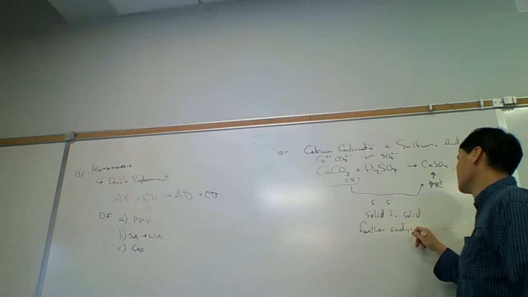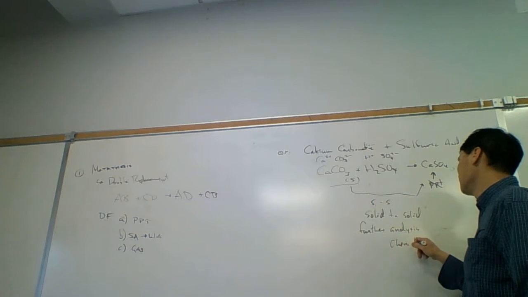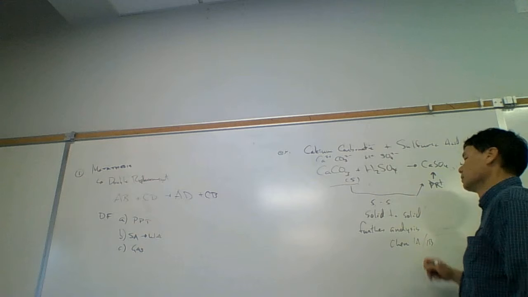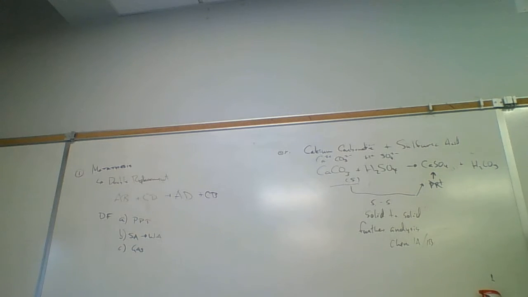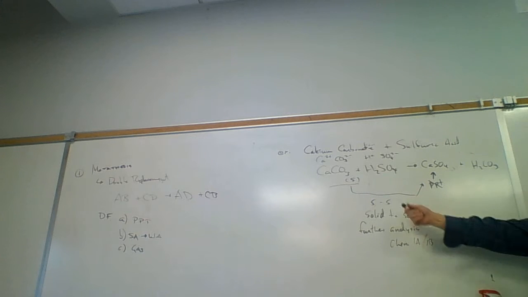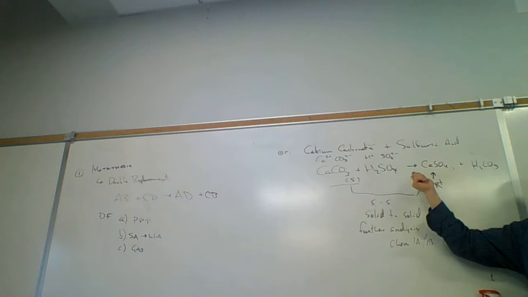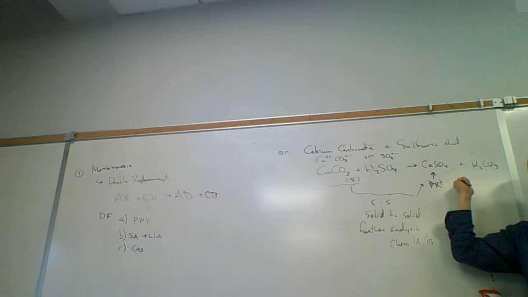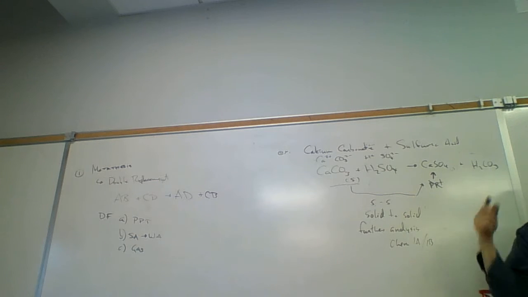The further analysis comes in Chem 1A and Chem 1B, probably primarily Chem 1B. I don't know if it's worth it or not to get rid of this solid and replace it with this solid. It depends on which one's more stable.